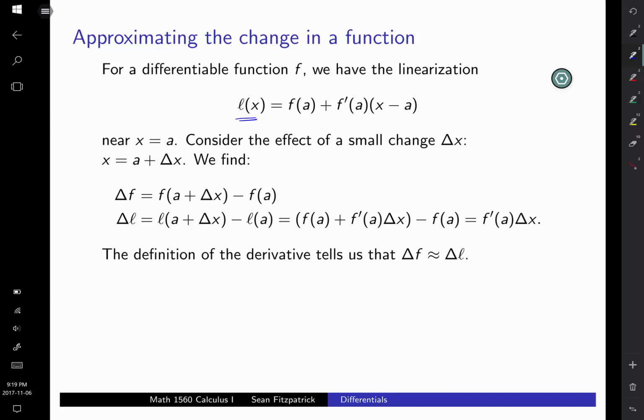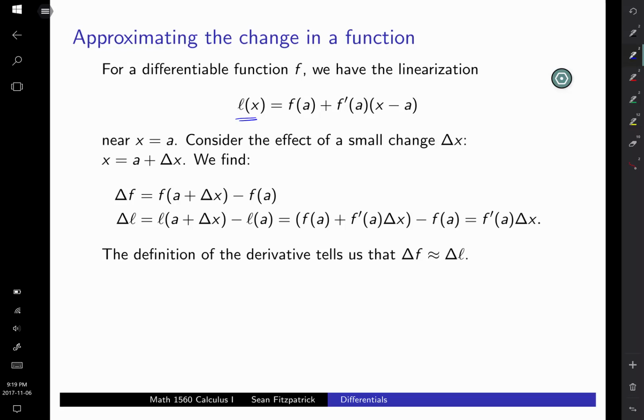So one of the things that you look at here is what happens to both the original function and the linearization if you move a little bit away from a. We're interested in the error: what's the difference between the actual change in the function and the one that we get using the linear approximation?